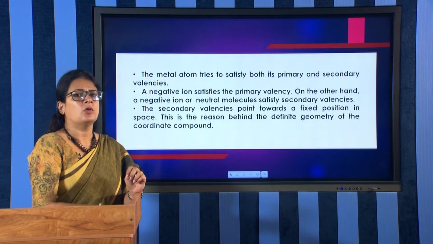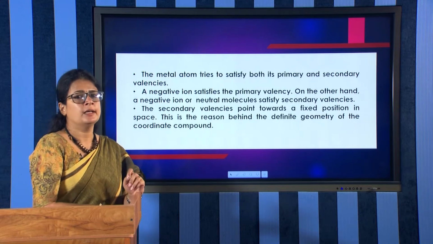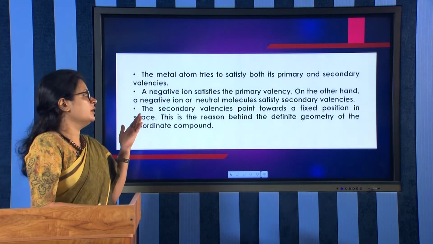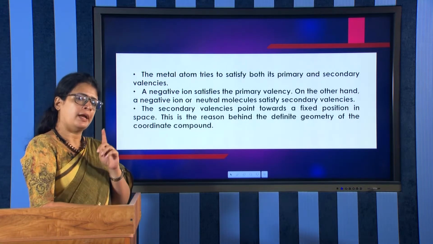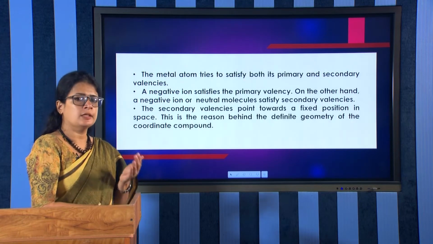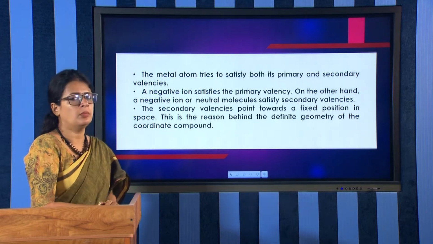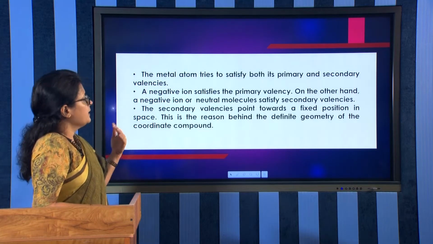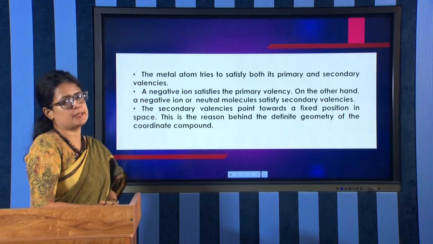A negative ion satisfies the primary valency. On the other hand, negative ions or neutral molecules satisfy the secondary valencies. The secondary valencies point towards fixed positions in space.